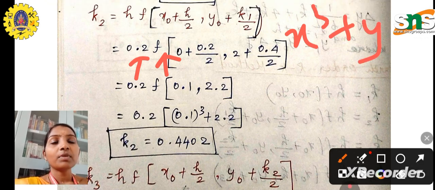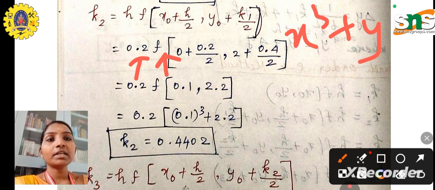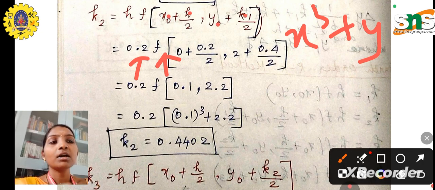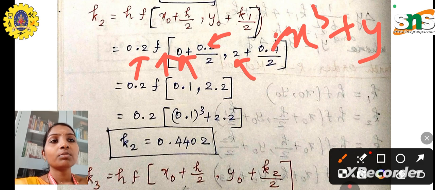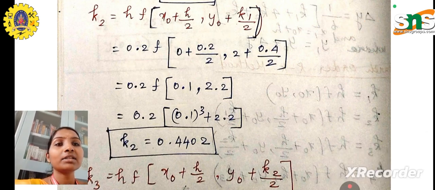So we are just implementing the values of x naught, h, y naught and k1. X naught is 0, h is 0.2, y naught is 2 and k1 is 0.4. So this is what we are going to substitute.